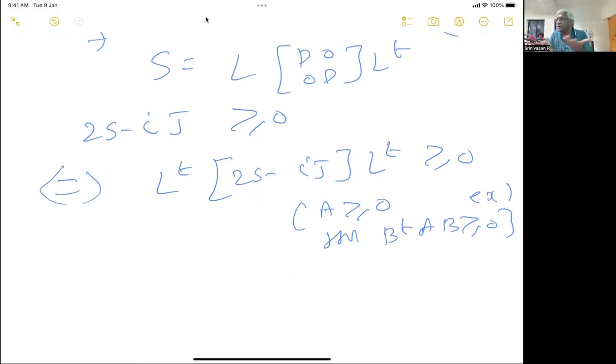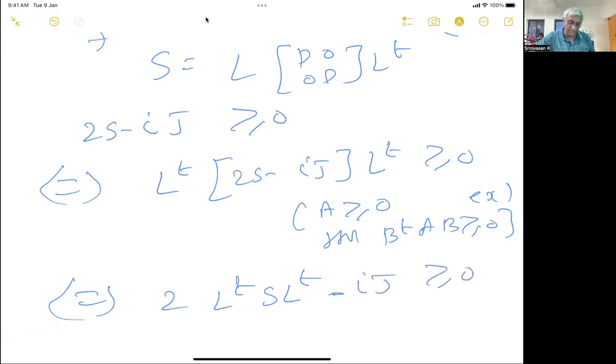You need a star when you work with complex Hilbert spaces. So this is true for all of them. That is equivalent, since L is invertible, so you can go backward also, the backward implication. So that will imply L transpose J L is just J, and so D 0 0 D plus iJ/2 is greater than or equal to 0.